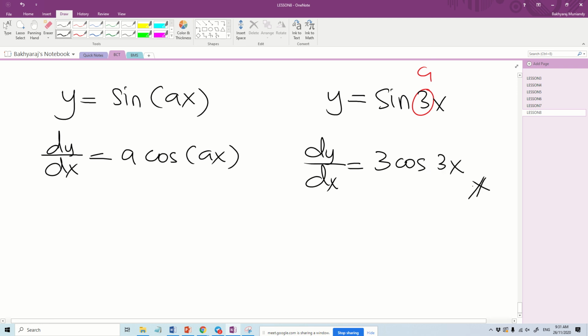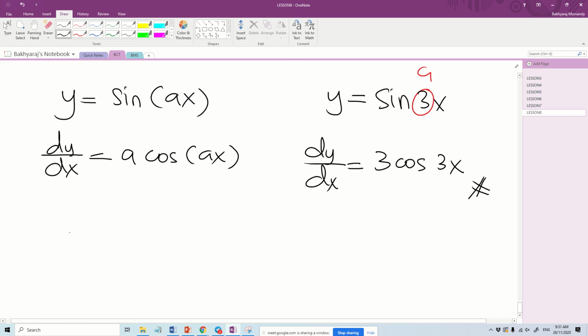So ini jawapan dia. Okay, so that is for sin ax.